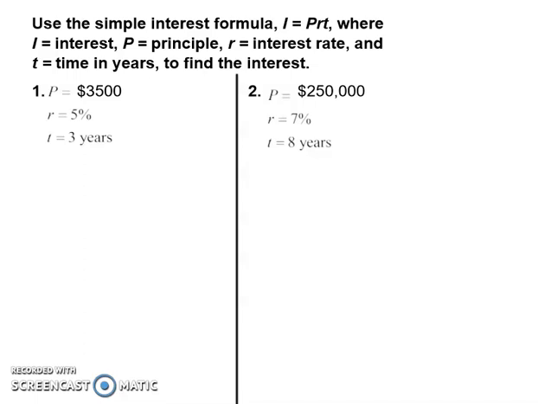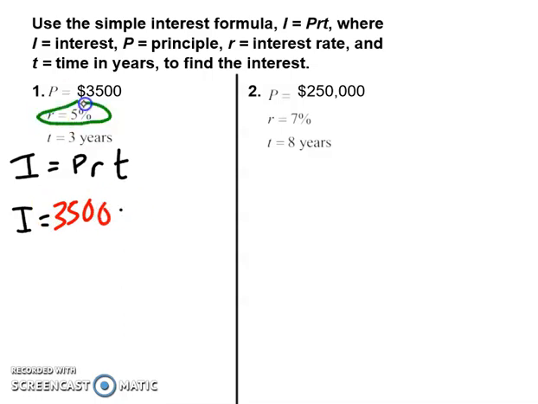So to find the simple interest, we're going to start out with our equation. I is equal to PRT. We're trying to find our interest. Our principal amount is going to be right there, 3,500. We're going to multiply that by our interest rate, which is 5%.